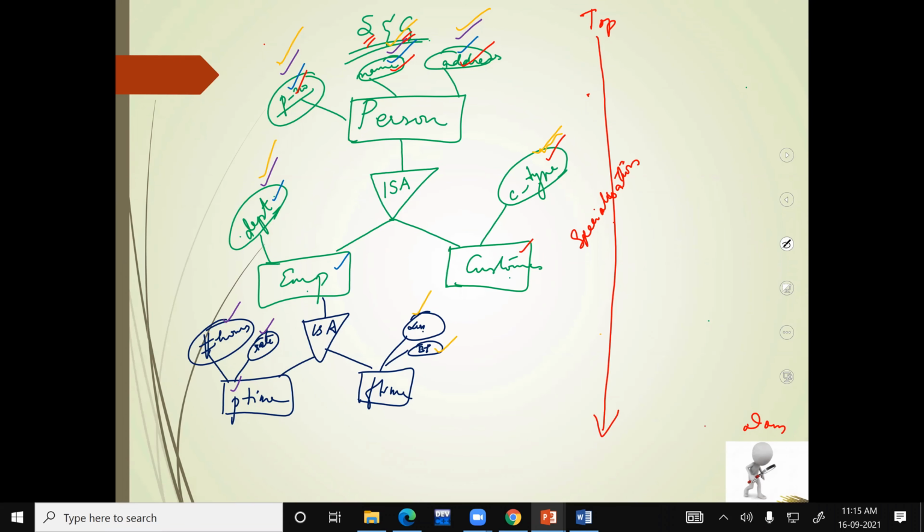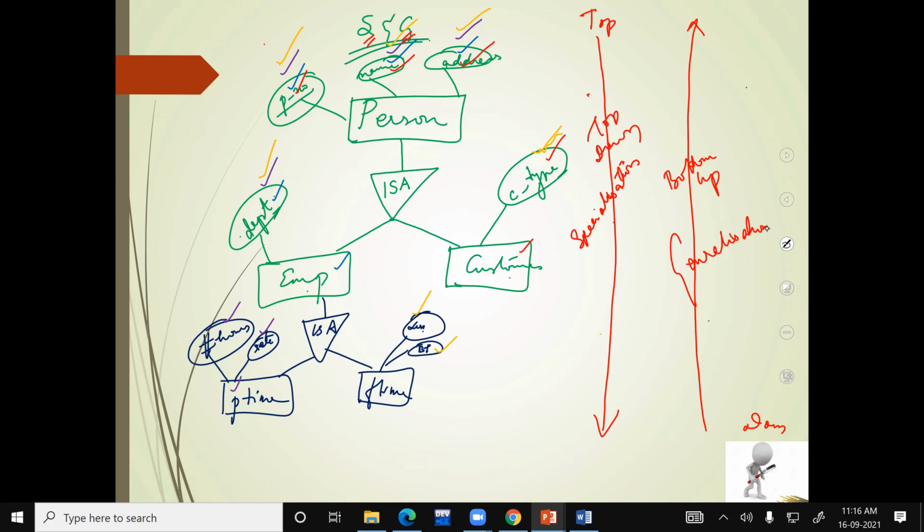Now, if you are thinking the reverse, if this is the top-down approach, and if you are thinking in the bottom-up approach, you call it generalization. Like, you look over here, part-time and full-time, all those employees together, they are generalized or grouped into something called employee.